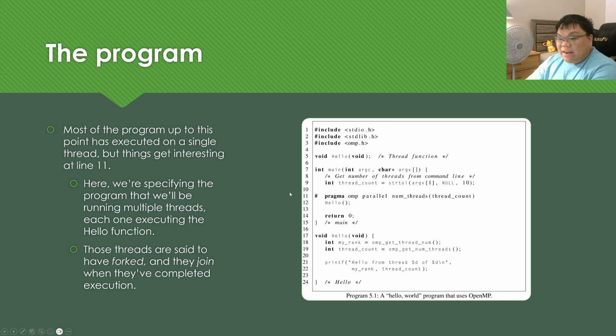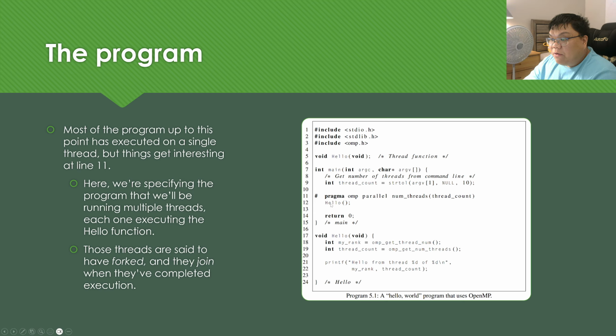So line 11, that is the parallel section. Any code following pragma omp is a parallel section. And if you have multiple lines that you want to be a part of a parallel section, you have to enclose that all in curly brackets.